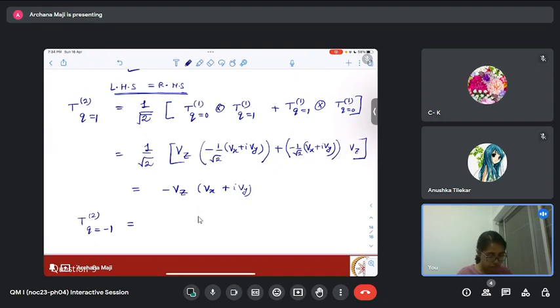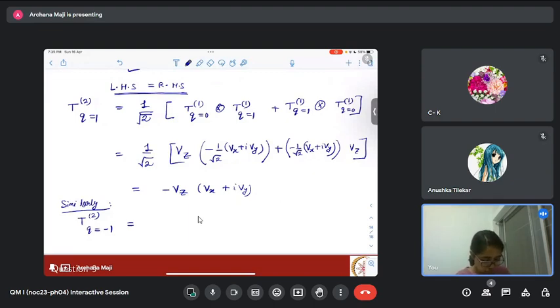Similarly, T2 q equal to minus 1 will come out to be, let me see, Vz Vx minus I Vy.